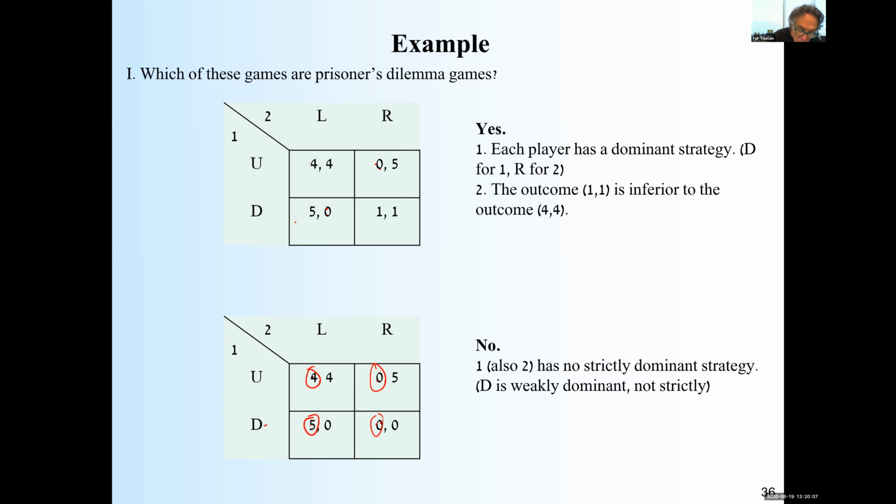Also, R is a weakly dominant strategy because 5 is more than 4 and 0 is like 0. In a prisoner's dilemma game, the requirement is that every player has a strictly dominant strategy. And therefore the answer, is it a prisoner's dilemma game? The answer is no.